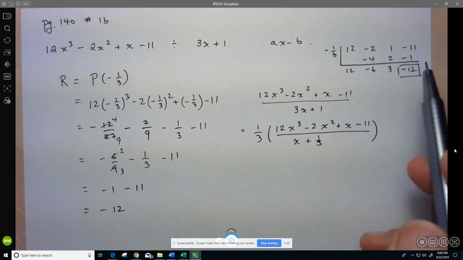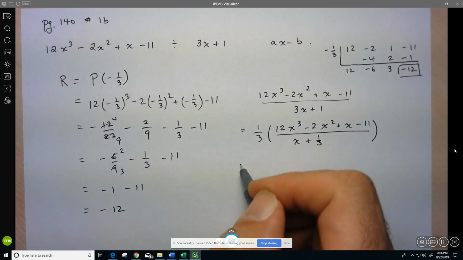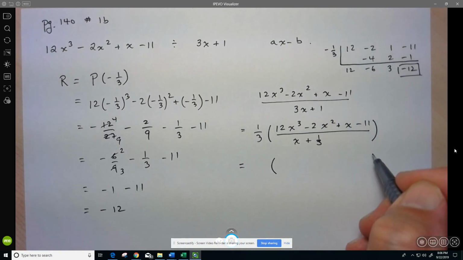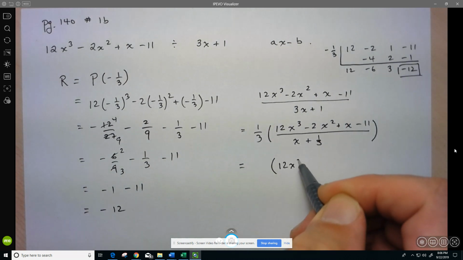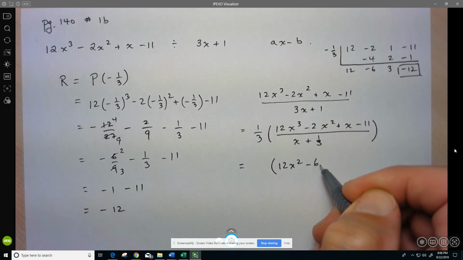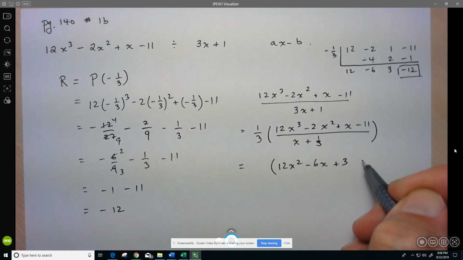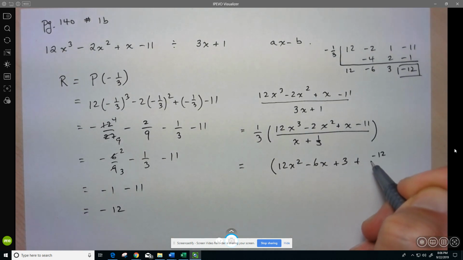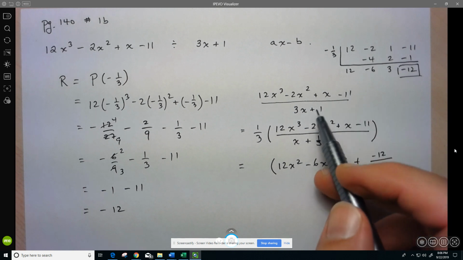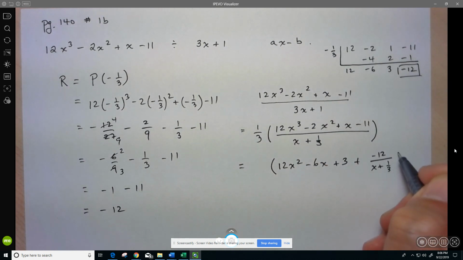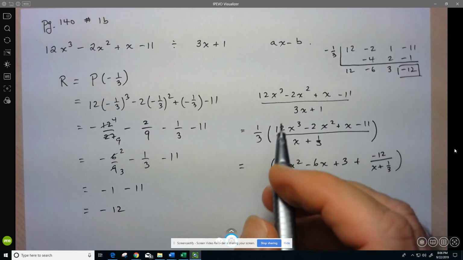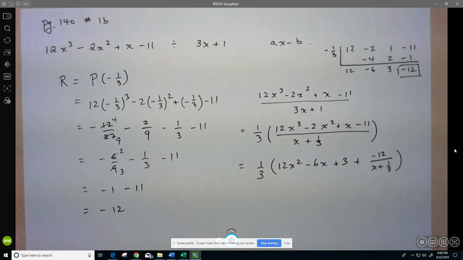All right, so now what does this tell us? It tells us that this expression inside the bracket is equal to 12x squared minus 6x plus 3 plus -12 over the divisor, which in this case was x plus 1/3. That's what we actually divided by. But don't forget, you still have that 1/3 on the outside.